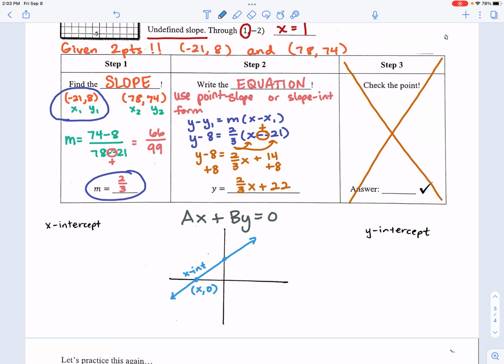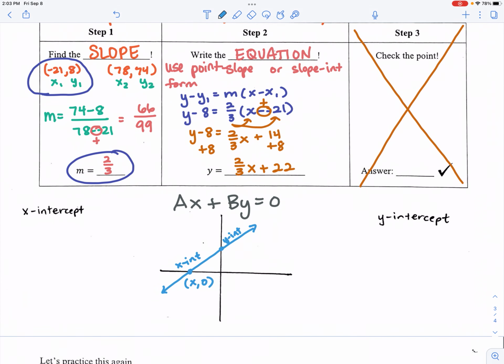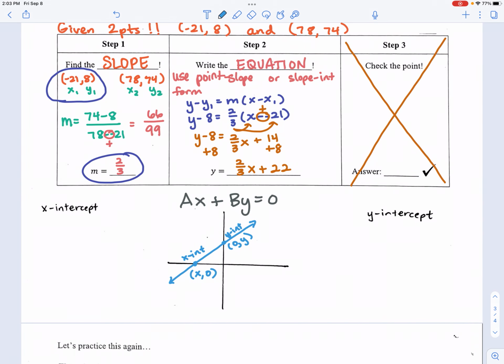My y is 0 on my x-intercepts. So for my y-intercept, my x is 0, and I'm looking for the y value. That makes it easier to identify that x-intercept when we're solving for something.